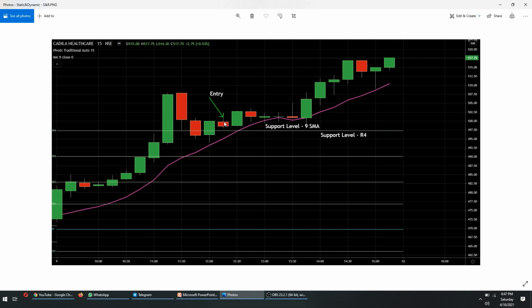When the 12:15 candle opens up, you can make the entry at any price. Let's say for example that you made an entry at around 500 rupees. On this red candle, the 12:15 candle that you see, you made a random entry at the market price, and it took your order. Your long position was executed at 500 rupees, so your entry price is 500 rupees.